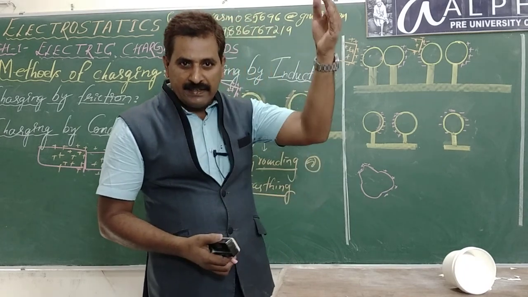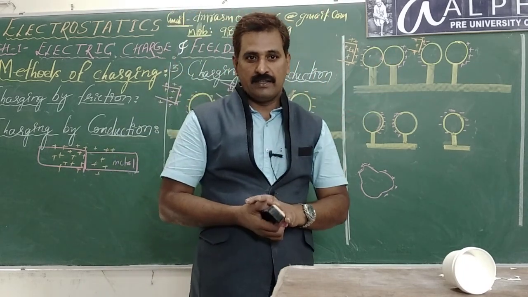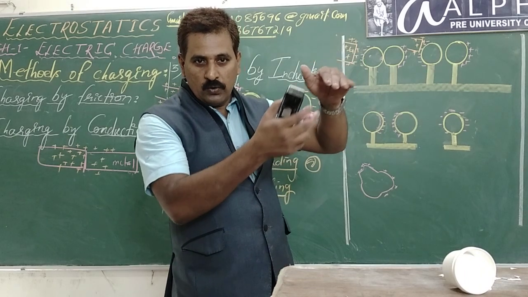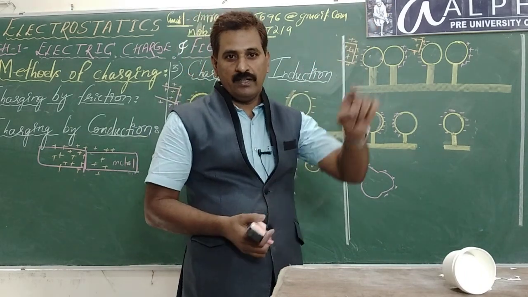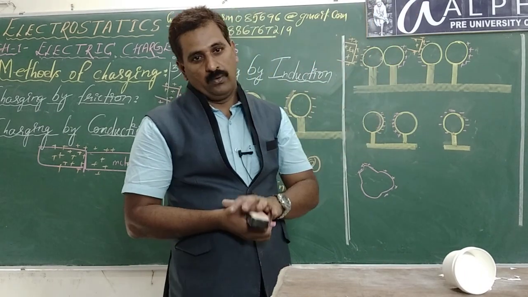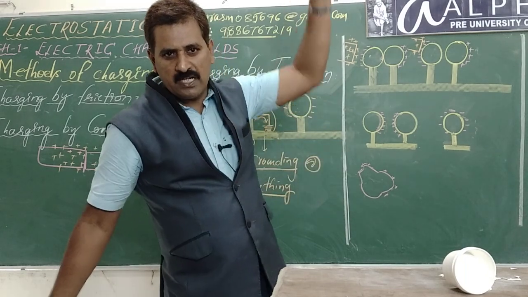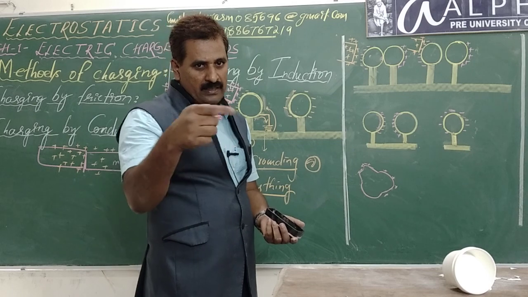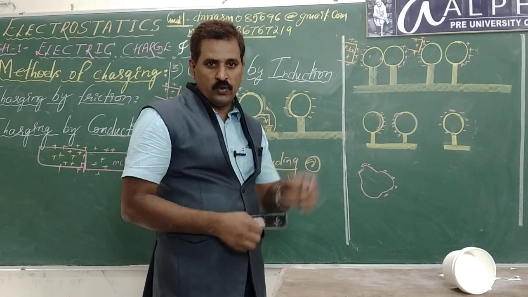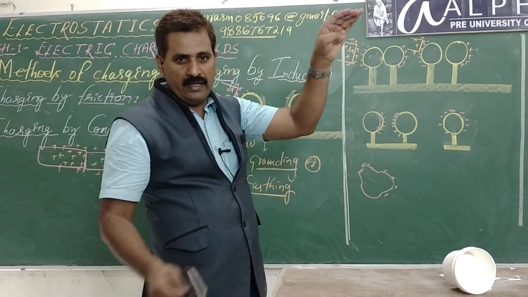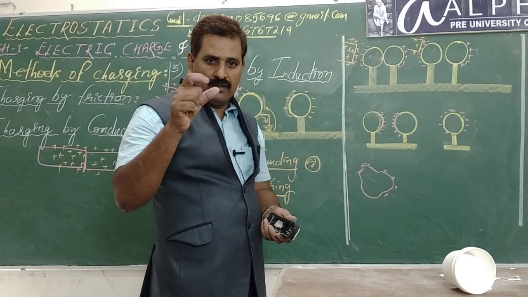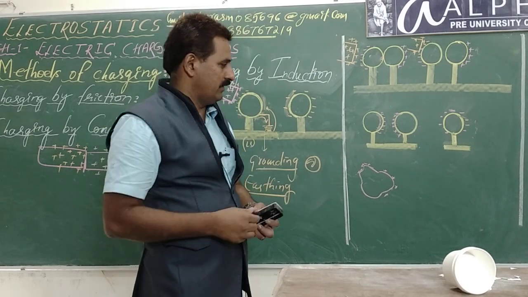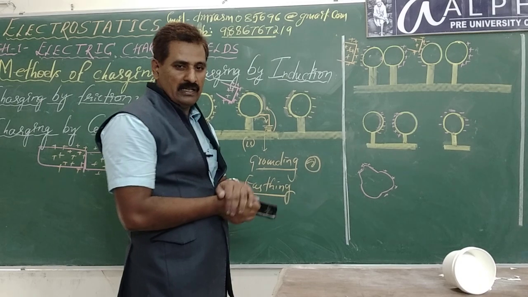Also, the lightning that you see during rain is also due to induction of charges between the ground and the cloud. There is a huge electric discharge between the clouds and the earth. We will discuss that in the next classes. Due to that, there will be a large electrical discharge and large release of energy and sound. That's the idea. We will learn about that later on.